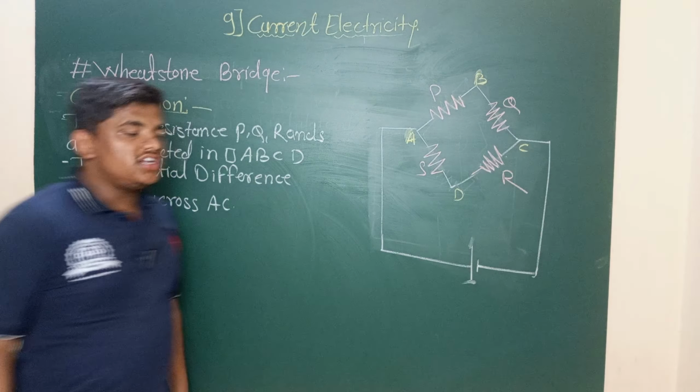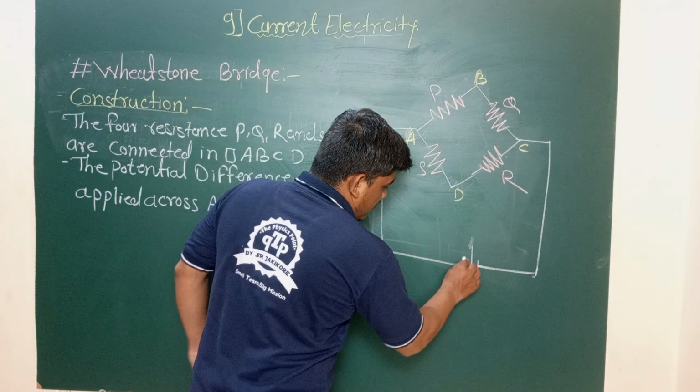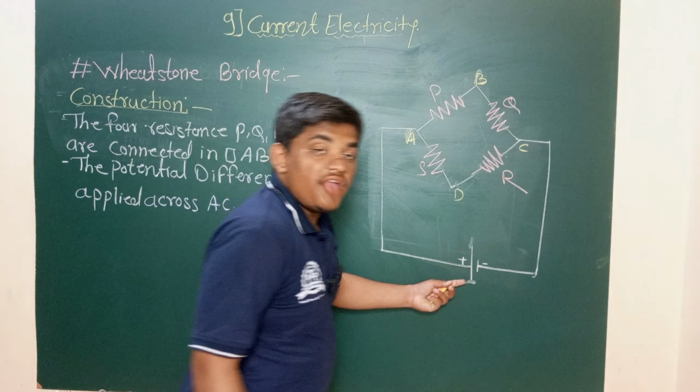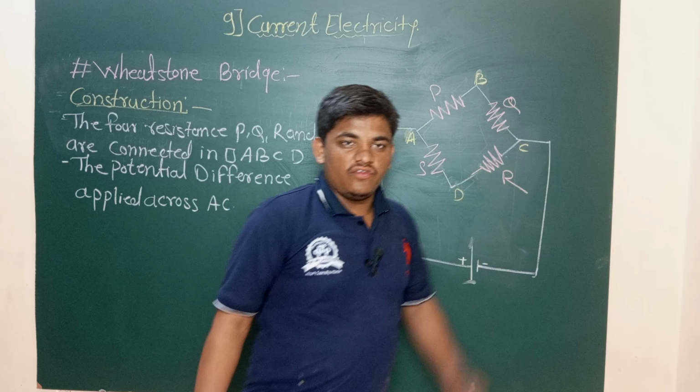This is the potential difference connected across AC. This is the higher potential, and the other one is the lower potential. The current must flow from the higher potential to the lower potential.